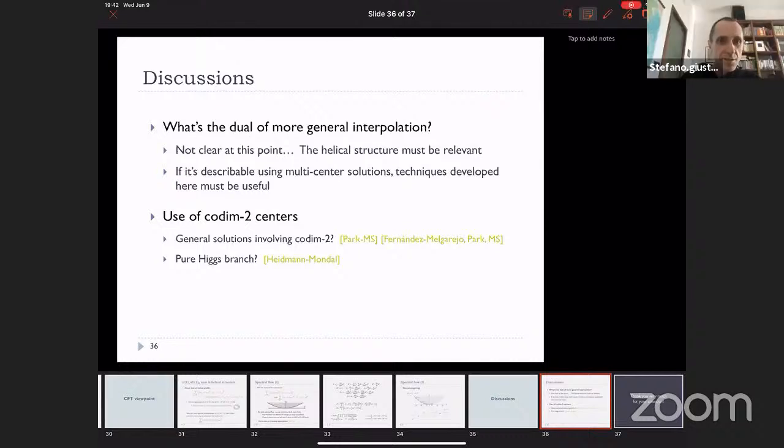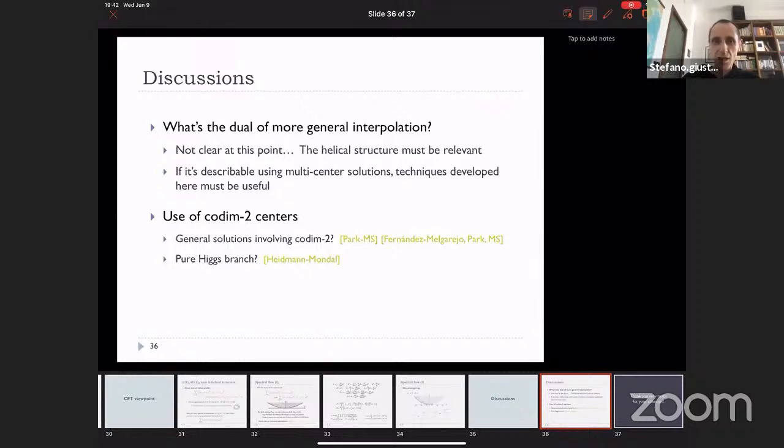Sorry, connecting to the same question that David just asked. In the general case, in the interpolation between, let's say, GLMT, as you want to call it, solutions, as you also said, you're not guaranteed that the interpolating solution is a supergravity solution, right?